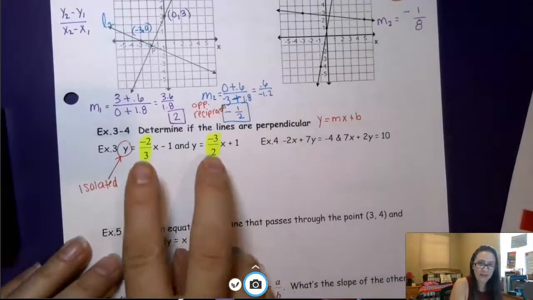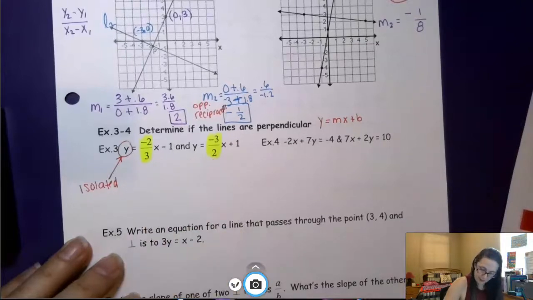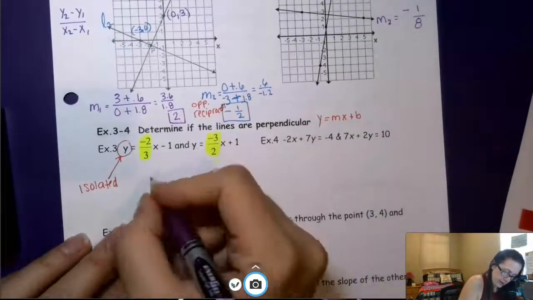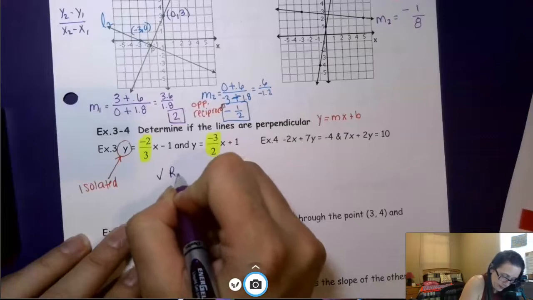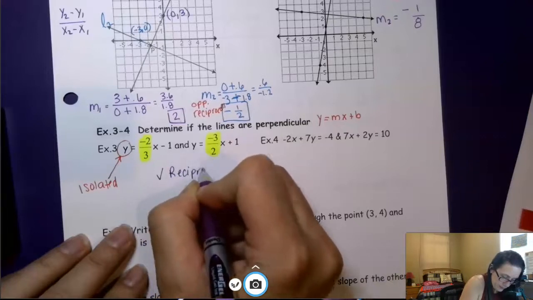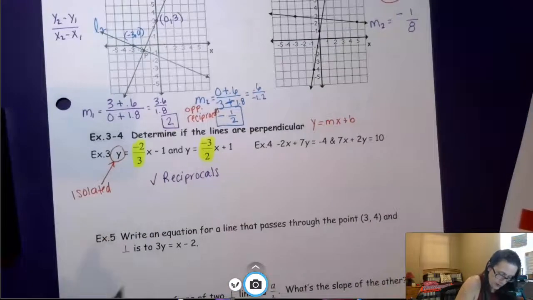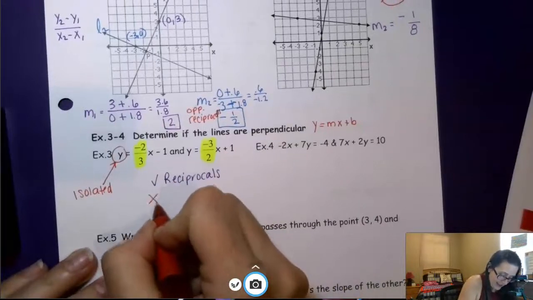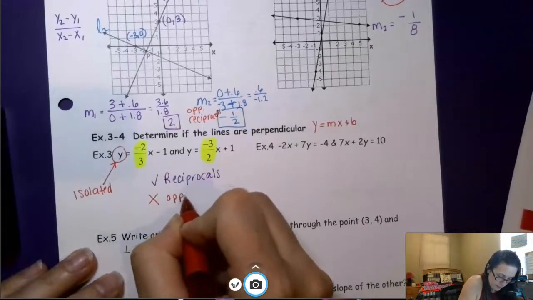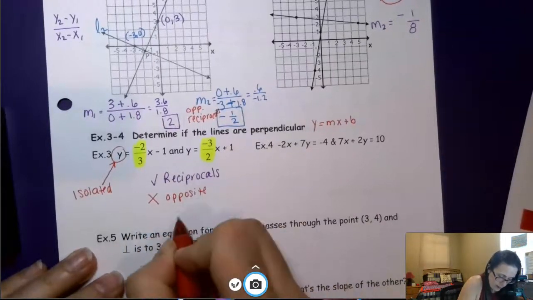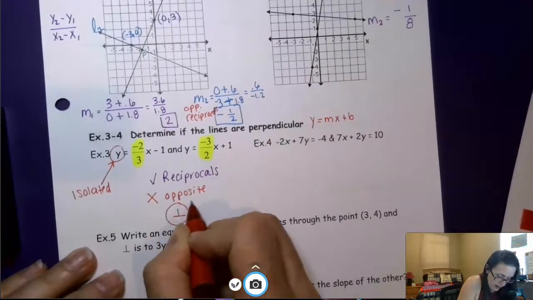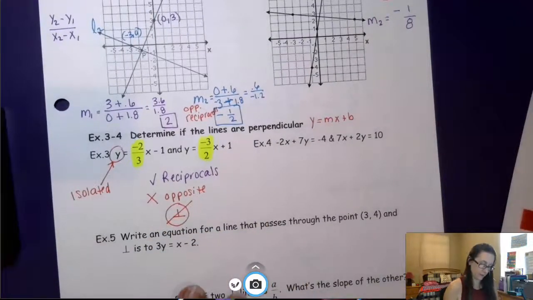But are they opposites? They're both negatives. So these are reciprocals, not opposite. So these are not perpendicular lines.